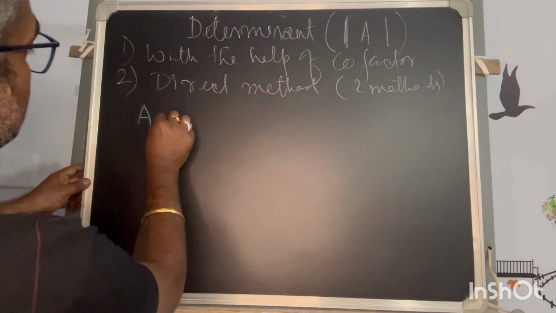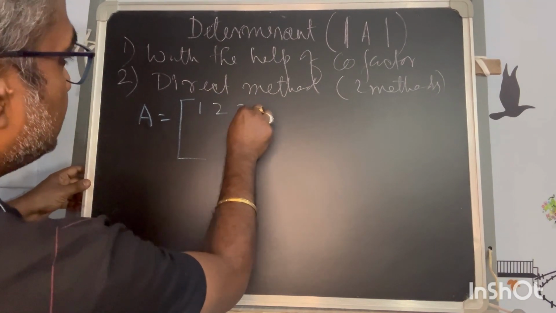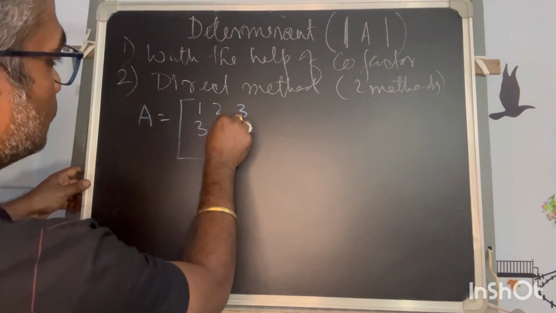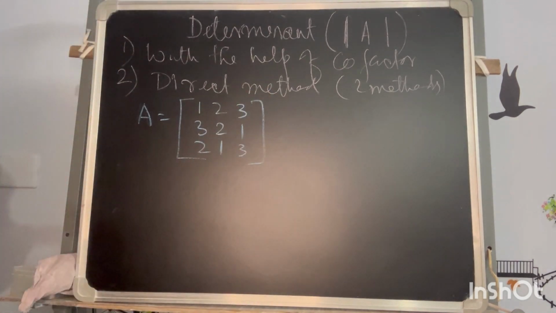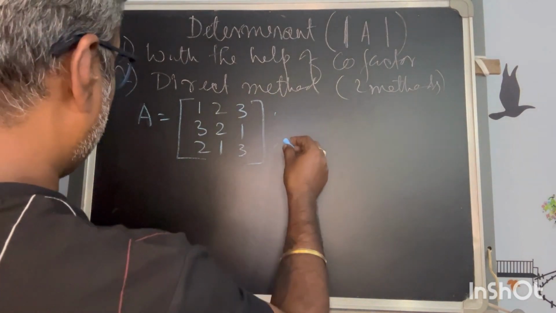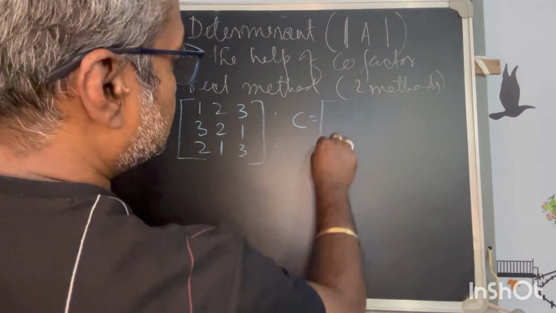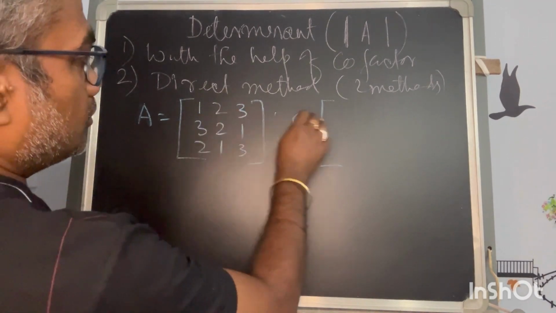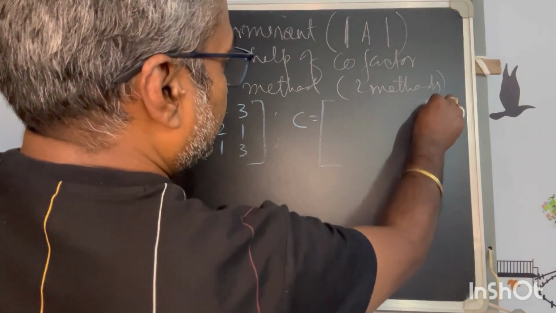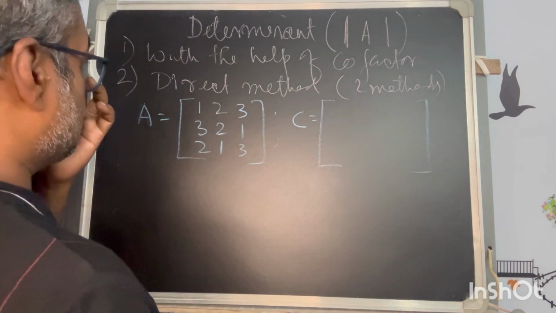So A is equal to 1 2 3, 3 2 1, 2 1 3. So this way. Now if I want to calculate the cofactor, let's say C is the cofactor of this. So what would be the cofactor? We'll build a matrix with the minors of the elements with signs. So that will be the cofactor.